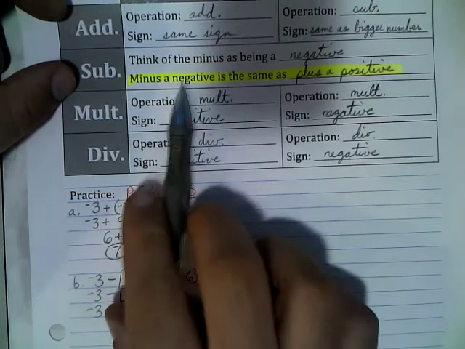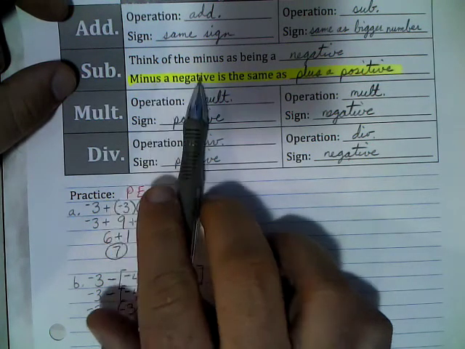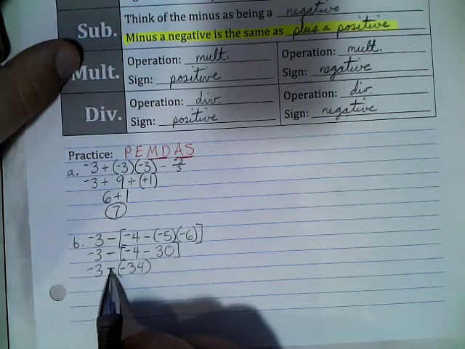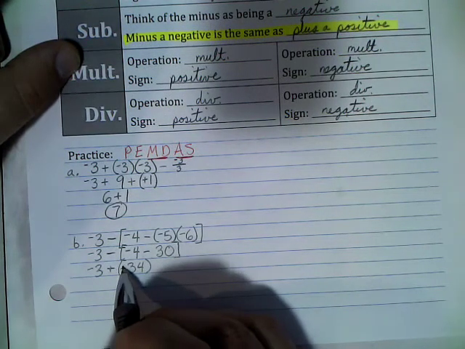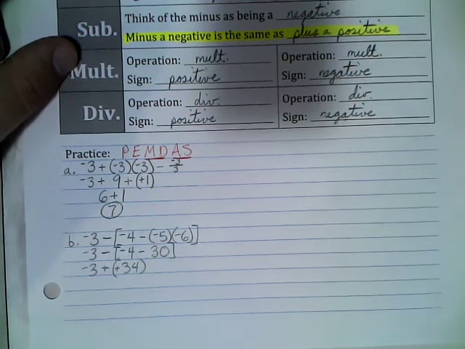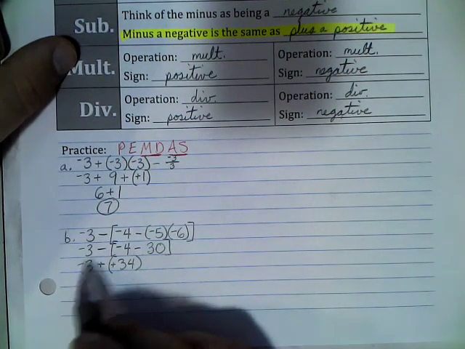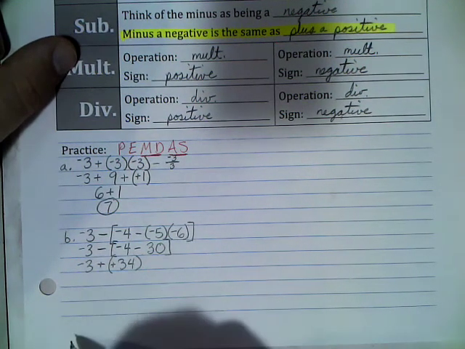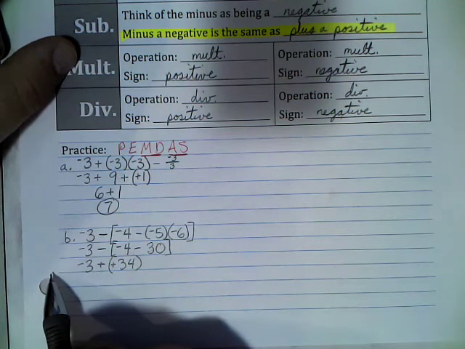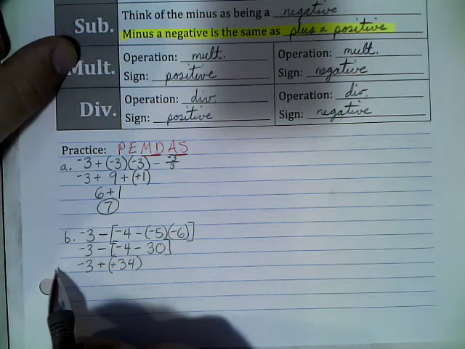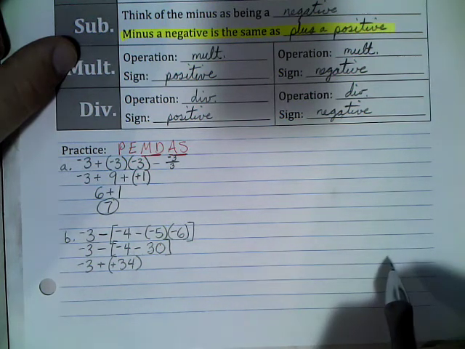Aha! Once again, we've got minus and negative. You see them right there in a row. Minus, negative. So that means I can change this into plus and positive. So to finish this off, I've got a -3 plus a positive 34. So -3 would be like 3 to the left. Positive 34 would be like coming 34 to the right.